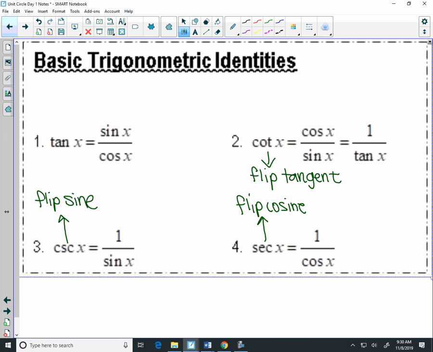Cotangent, and all the pi over 3 is radical 3 over 3. Tangent is just radical 3 over 4. And then when you flip it, that 1 goes to the top. Flip that square.